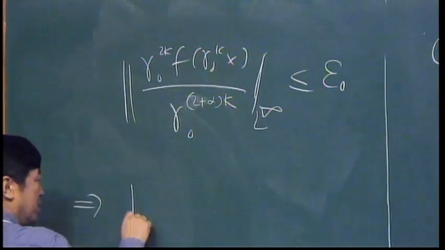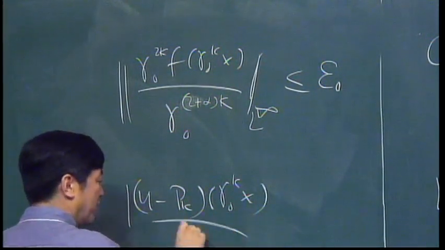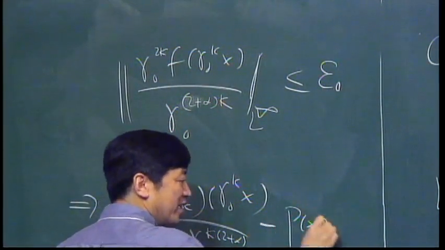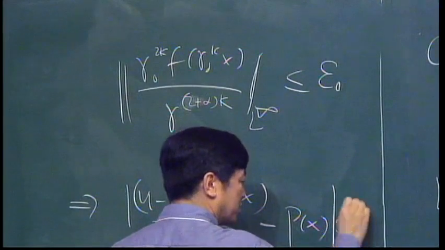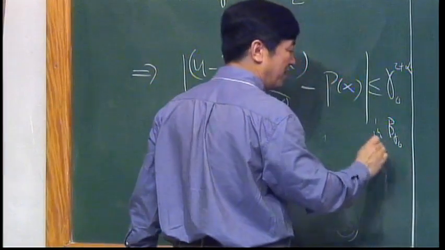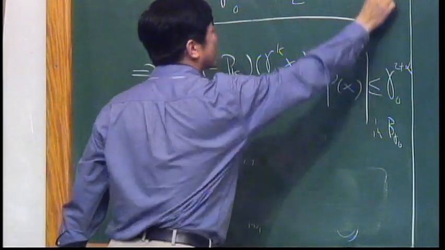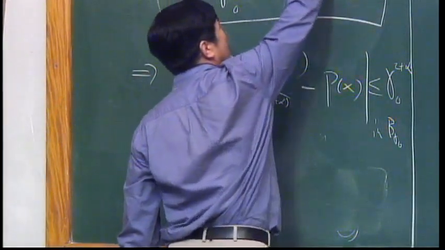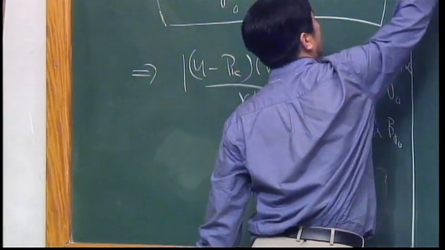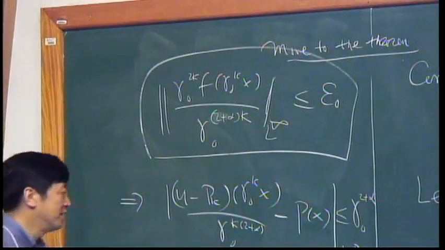Then it implies that this u minus pk of R0 k x divided by R0 2 plus alpha, minus a polynomial, this all equals R0 2 plus alpha in ball R0, right? You just write it down. Then you have to assume this is the condition. Just move to the theorem. And don't think about it. Okay? And you think about it at the very end.